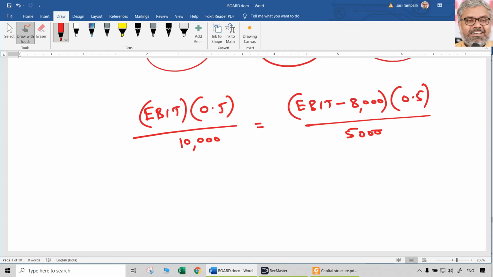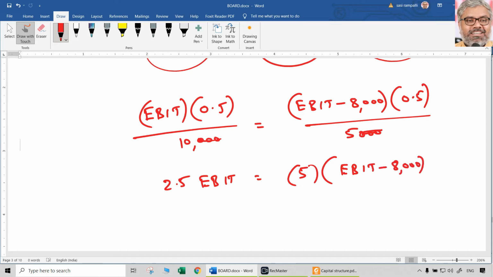Same way, forget about these thousands. So 5 and 10. So 5 into 0.5, 2.5 EBIT will be equal to 5 multiplied with EBIT minus 8,000. How 5? 10 multiplied with 0.5, that is 5, cross multiplication.